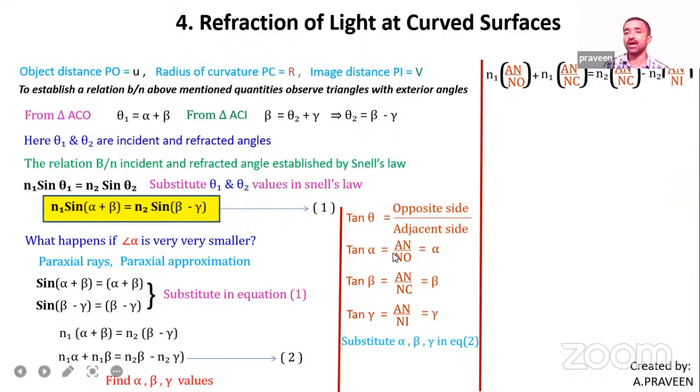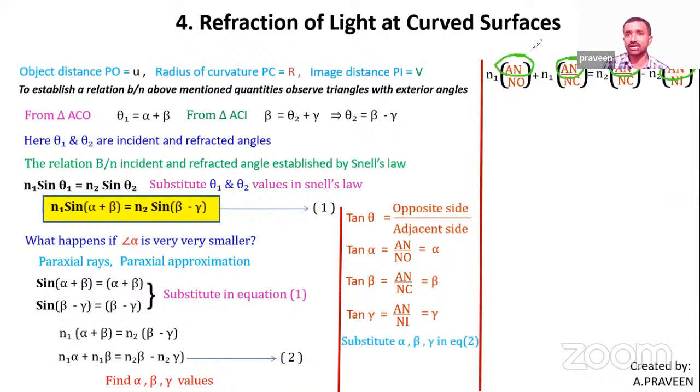Substituted. Now, is there anything common in the equation? In all the terms we notice a common term, AN.